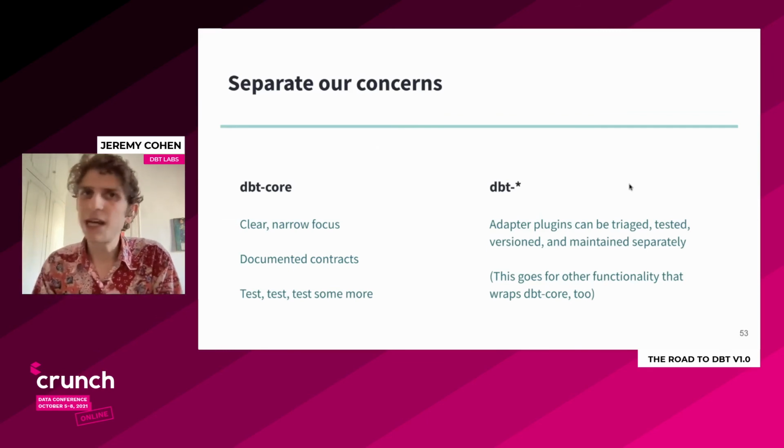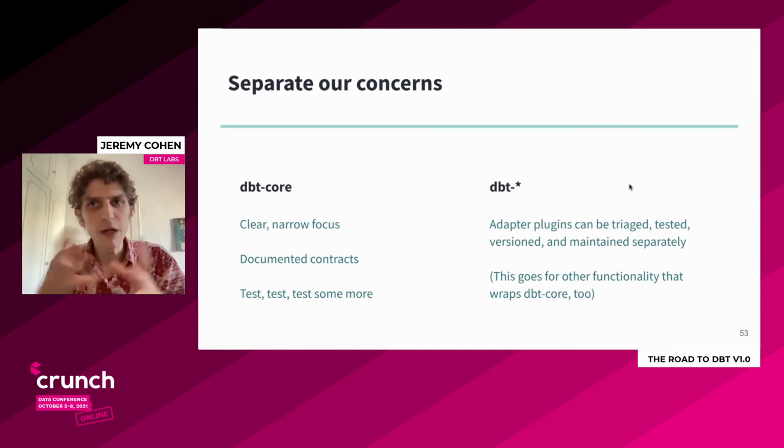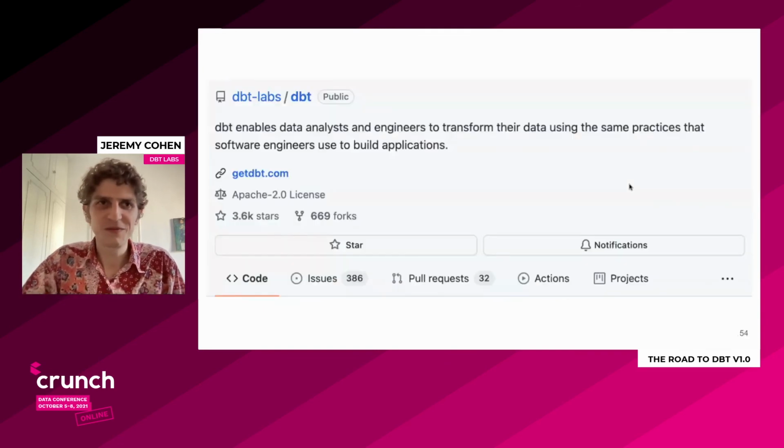These are all moving outside of the dbt Core repo code base because these things can be triaged, tested, versioned, and maintained separately, potentially even eventually by other folks, other teams, other community members even. We want dbt Core to have a really clear, narrow focus, really well-documented contracts, lots and lots of tests. It's not glamorous. It's what we need to do.